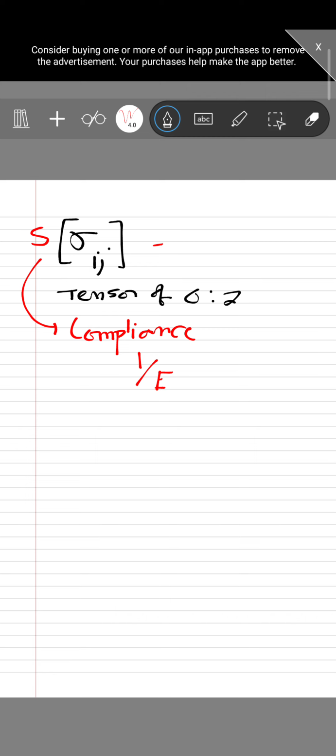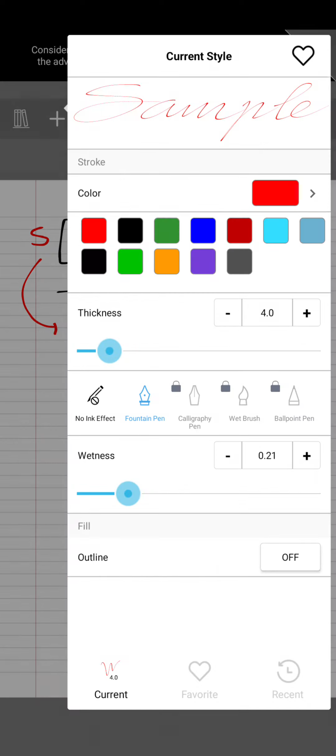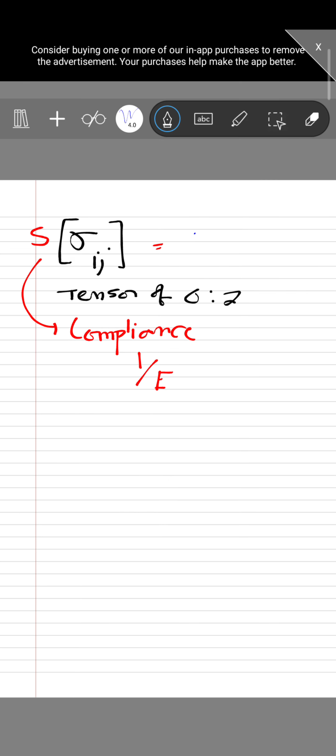So we get the strain. Strain is again a tensor, so we represent the strain as epsilon kl.